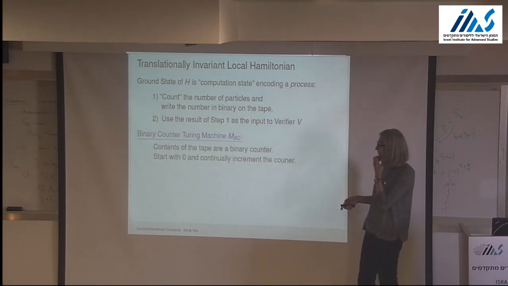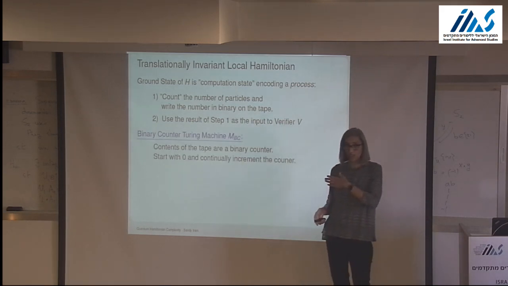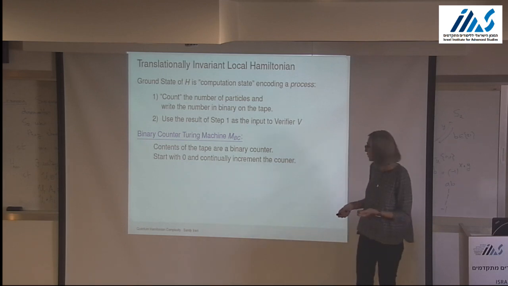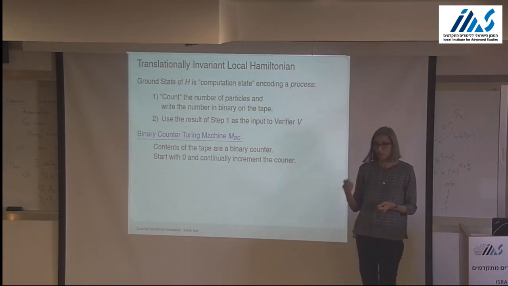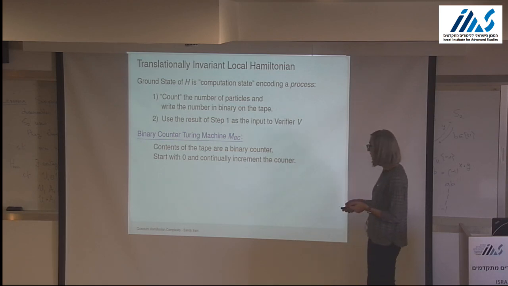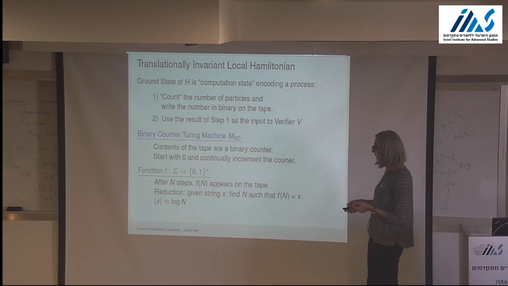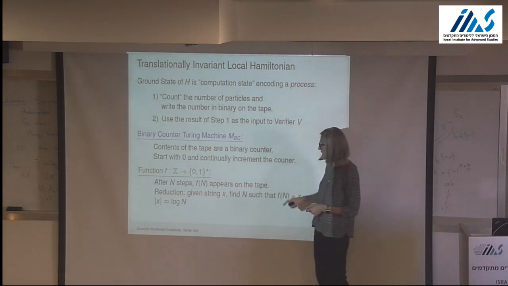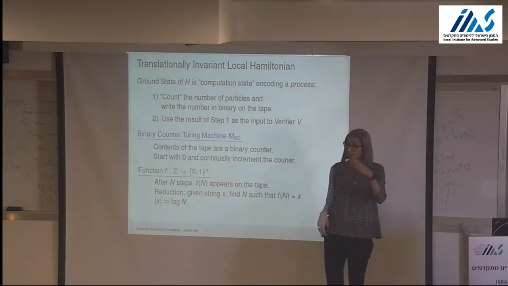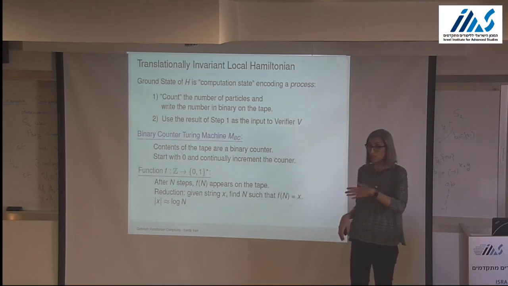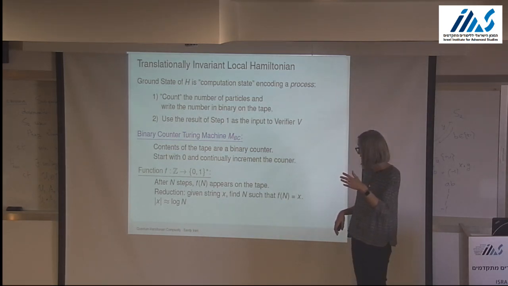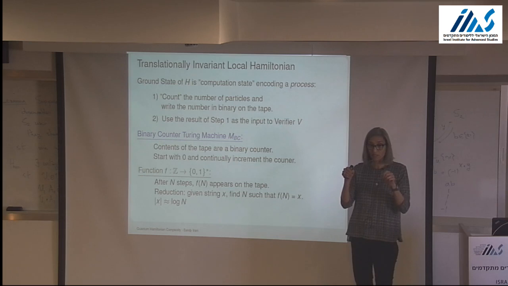So the binary counter Turing machine is a Turing machine that starts with 0 and just continually increments the counter. Okay? Just goes on and on, incrementing the counter. And so I have some function that tells me after n steps of this very simple-minded binary counting Turing machine, what's going to be written on the tape at the end.